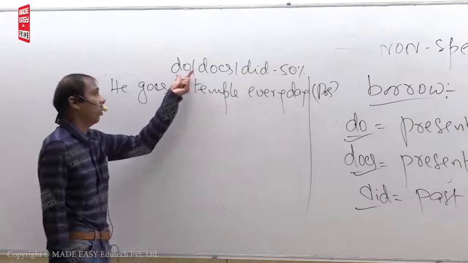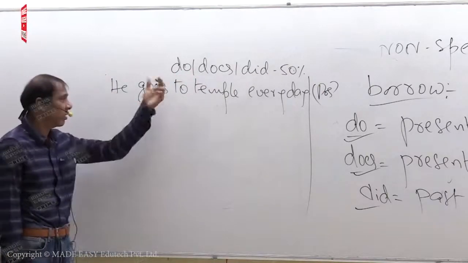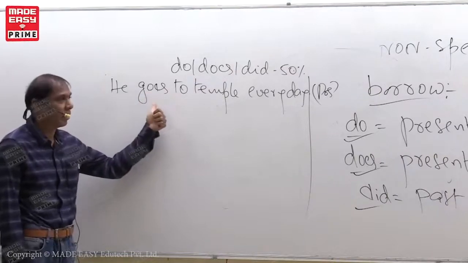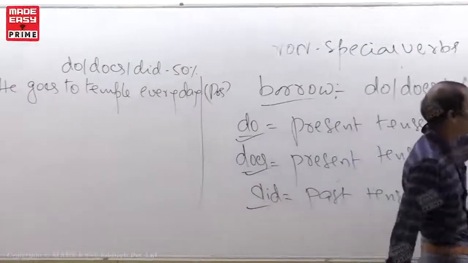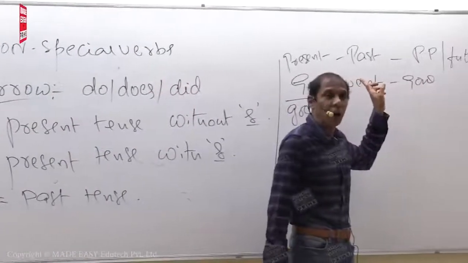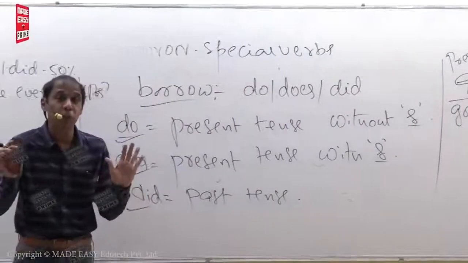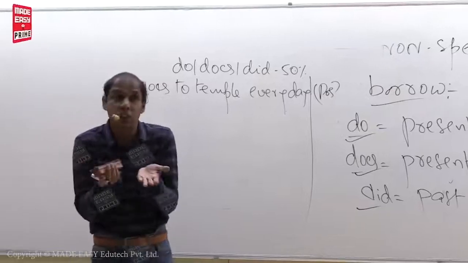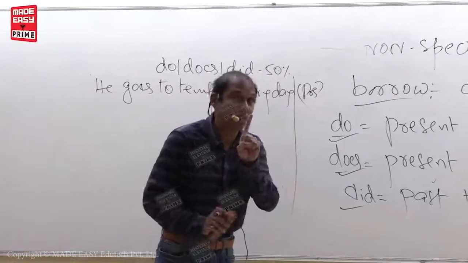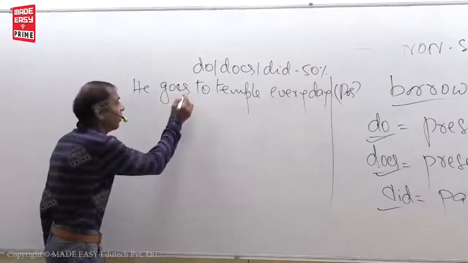When we want to borrow do, does or did, check the verb given in the sentence. What is the verb here? Goes. What is the tense of goes? Present tense. When the verb is in present tense, you must identify whether it is present tense with s or without s.